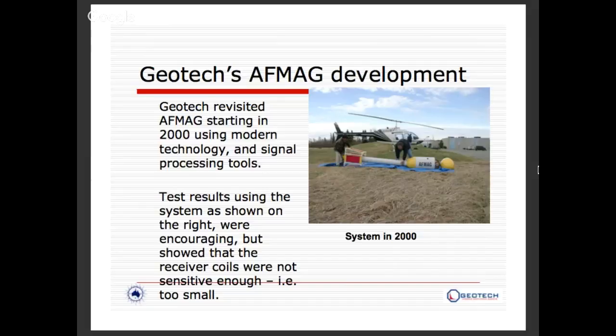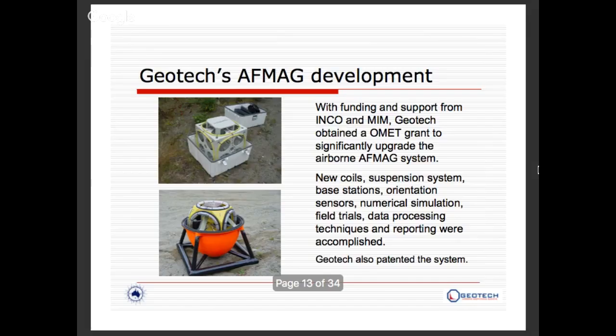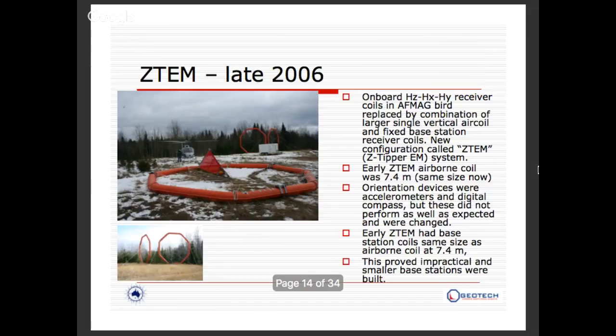After that attempt, the Canadian government provided some funds, and new loops were developed for the bases and for the airborne system. Those were also very small loops, and they were not effective to measure. But we were in the right direction.